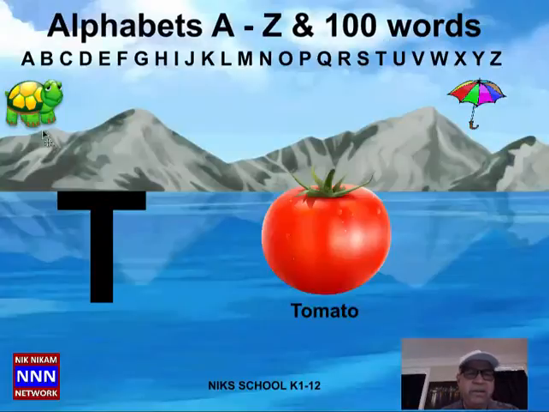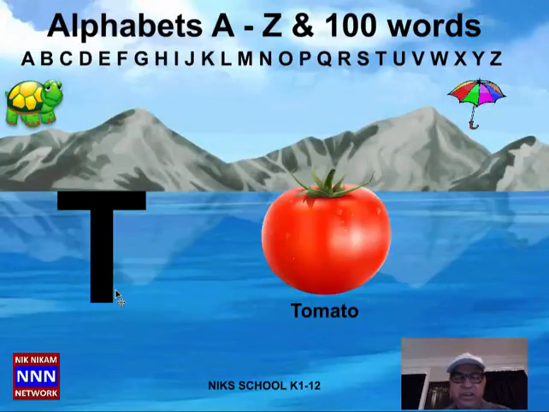Next letter, T. Okay, T like tomato. In some parts of the world, they call it a tomahto. But it doesn't matter whether you call it a tomato or a tomahto. This is a tomato. Look at that tomato. It's got a beautiful smooth skin.